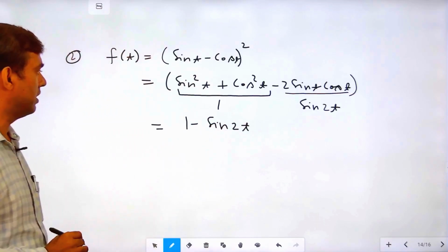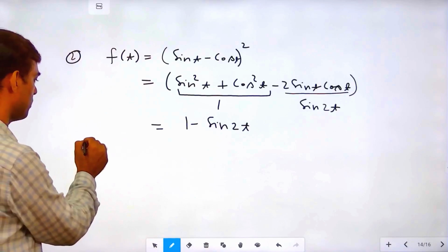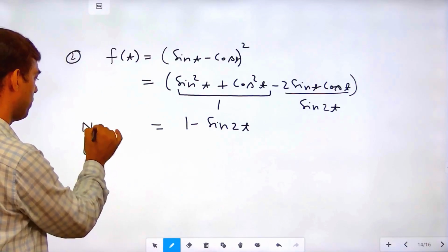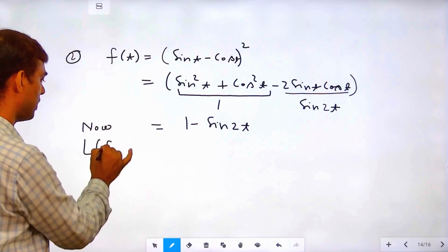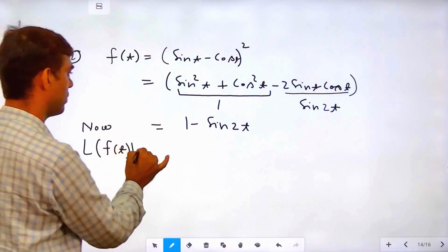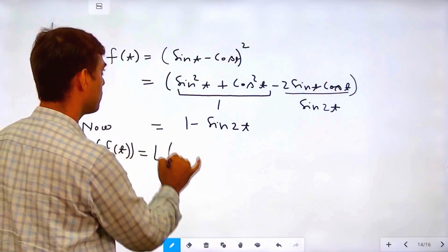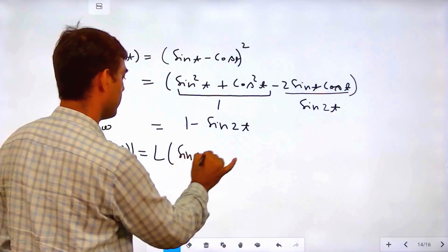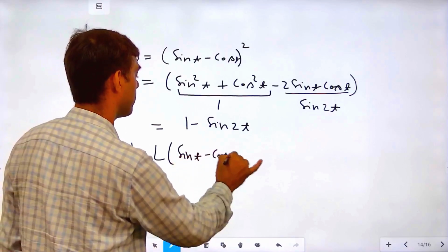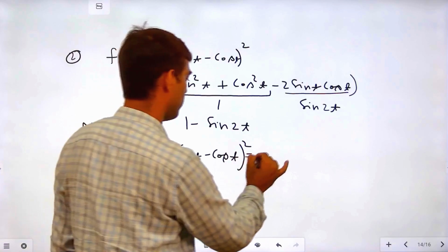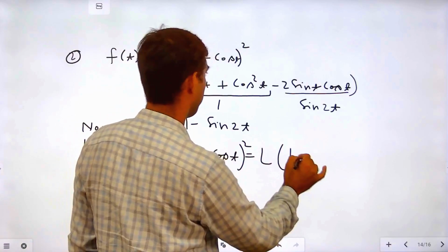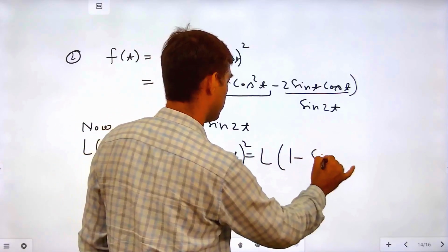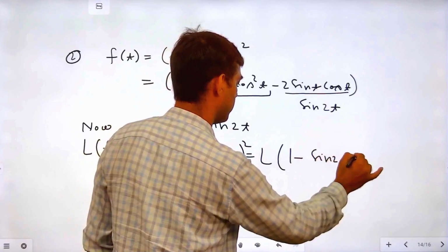Laplace transform of f of t equals Laplace transform of sin t minus cos t whole square, equals Laplace transform of 1 minus sin 2t.